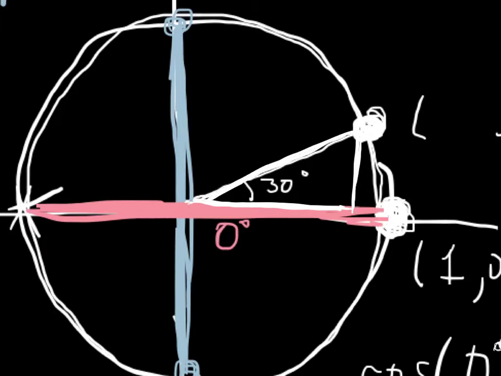And I want to know that if the hypotenuse is 1, and that's because we're dealing with the unit circle, and the angle is 30 degrees, why is it that the distance up and down here, the height, why is that height 1/2, geometrically speaking?